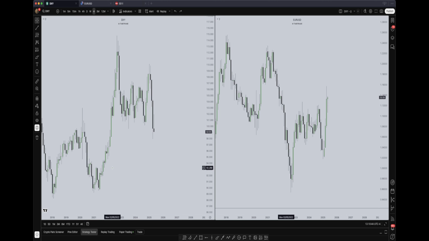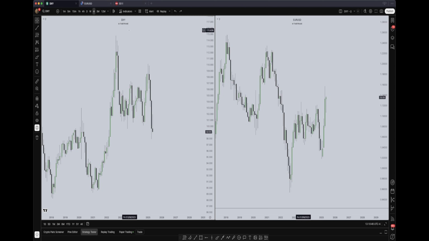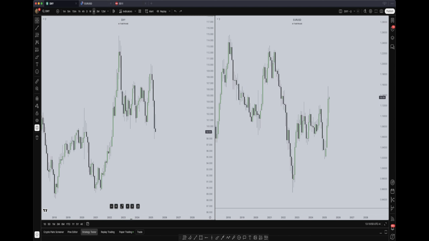So I'm currently on the monthly time frame, and after this huge movement, which started this month, this is May, if I'm not wrong, 2021.